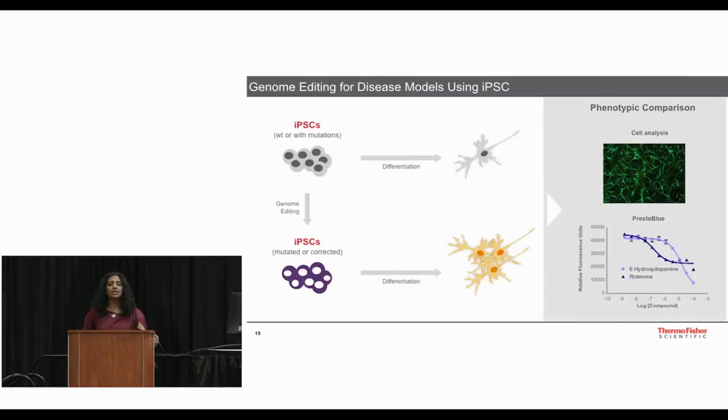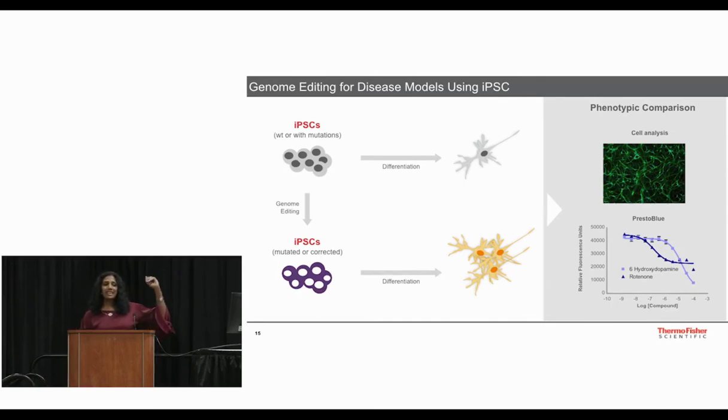Now, what I want to show next is that the real advantage and use of these editing tools is in CAR-T therapies or making isogenic disease models with iPSCs. For those of you who are not aware of what isogenic disease models are, in the case of iPSCs, you can take a wild type cell and differentiate it into whatever tissue you're interested in for studying the disease model.